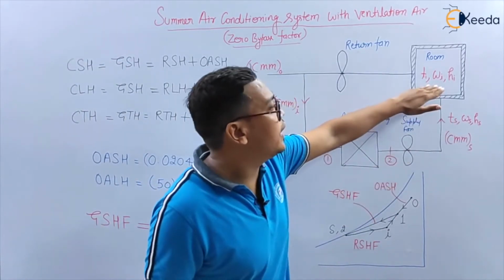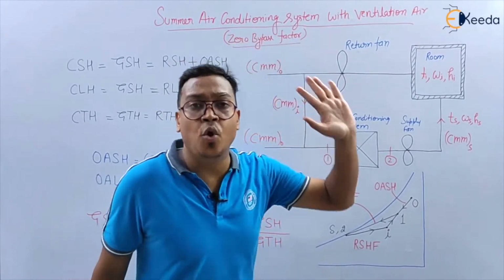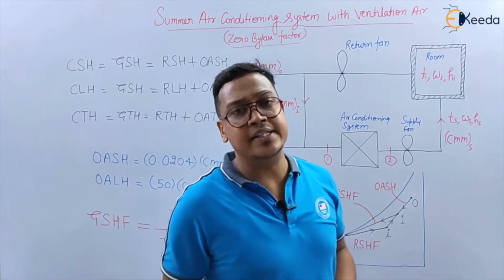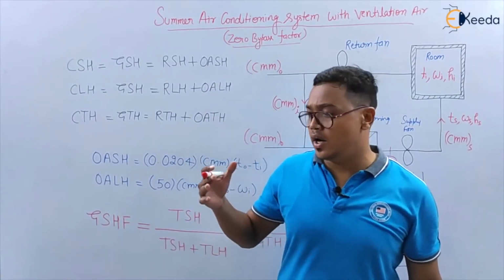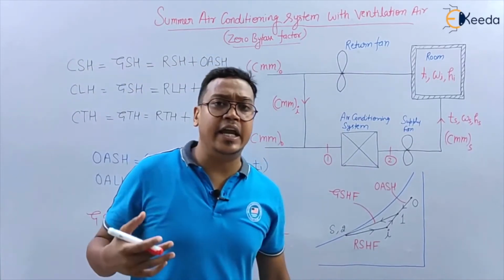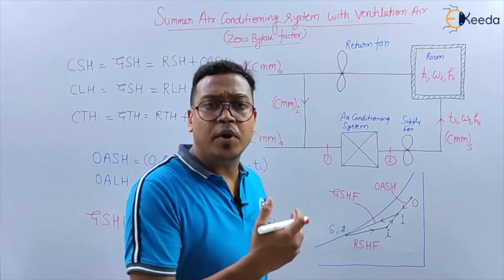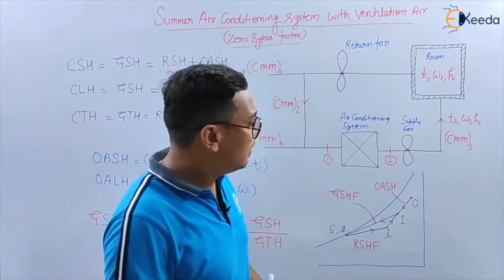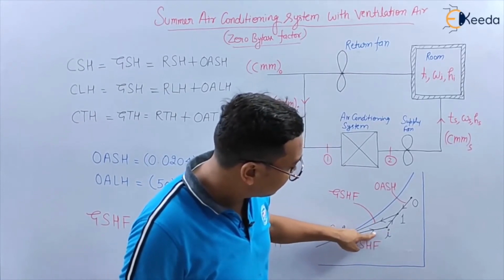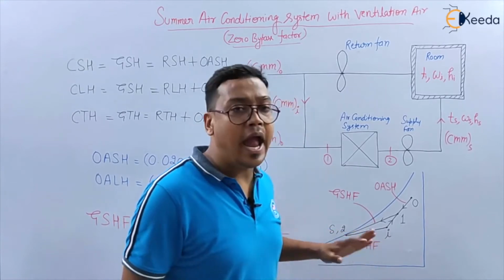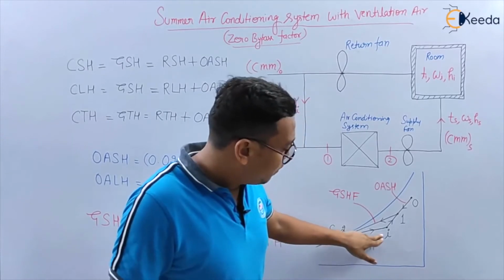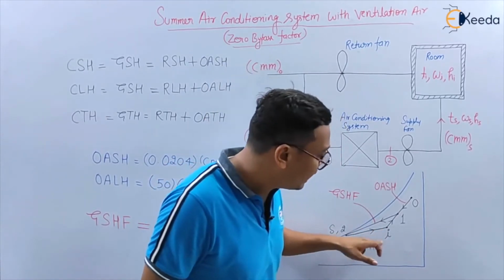Now this air has gone into the room. In the room, what will happen? Because of occupants, people are there, or heat gain from the window and latent heat gain, all these heat gains will increase the temperature. From S to I, temperature is increasing, and due to the latent heat gain, moisture is increasing, that means omega is increasing.